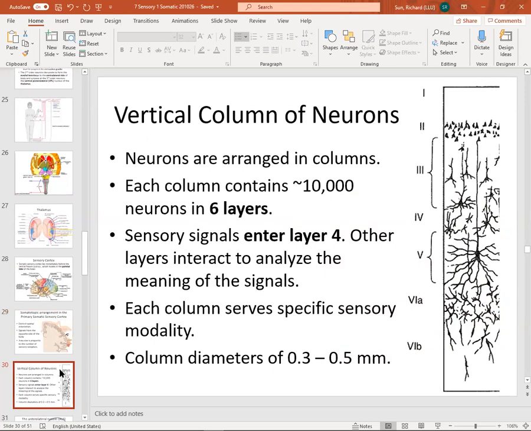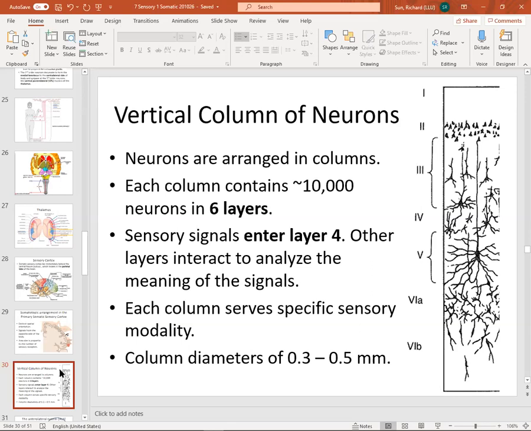And the cortex has layers. The typical cerebral cortex has 6 layers. So in the sensory cortex in particular, and the motor cortex too, which we will learn later, all of these typically have 6 layers.